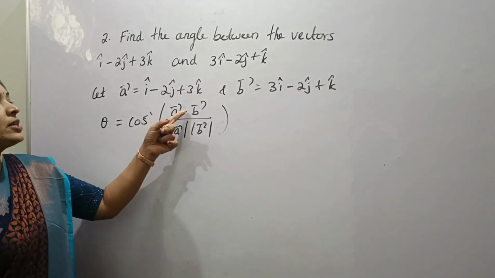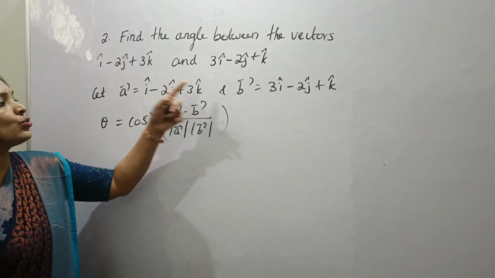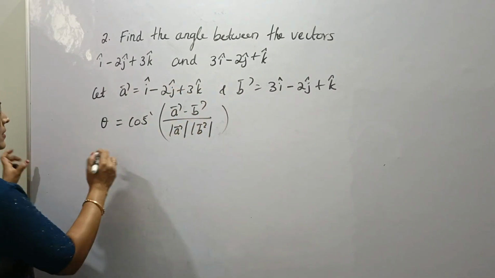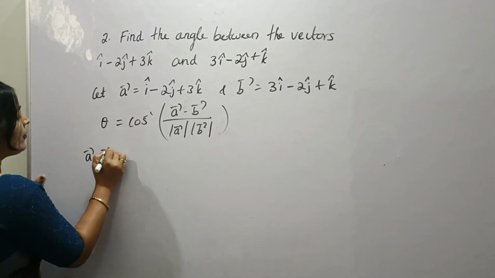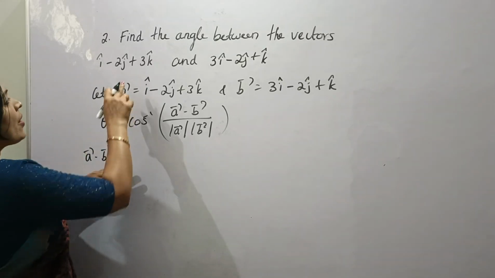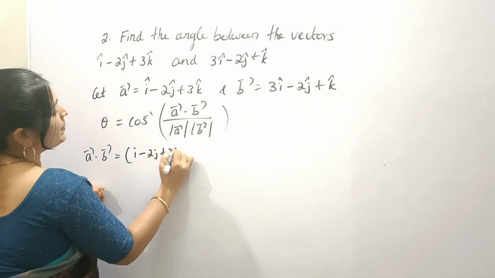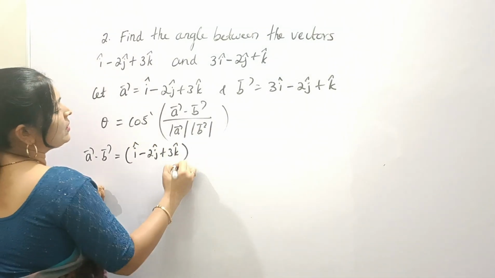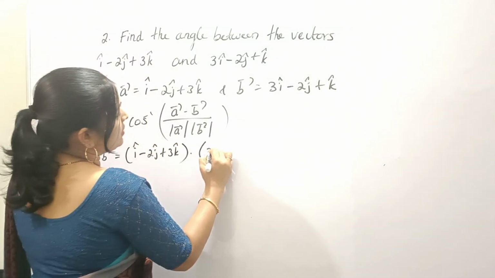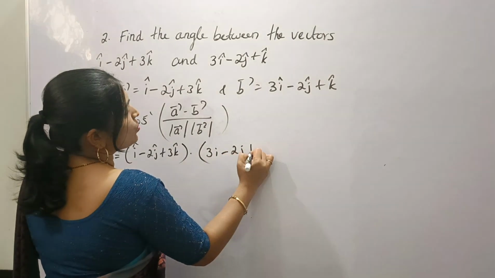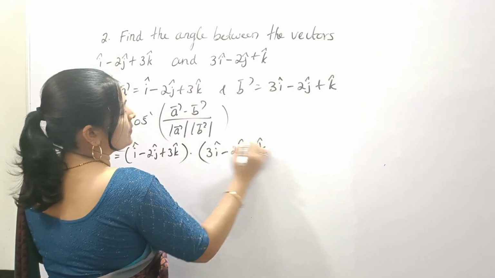So we need to find the scalar product of these two vectors, right? Vector A dot vector B is equal to i minus 2j plus 3k dot 3i minus 2j plus k.